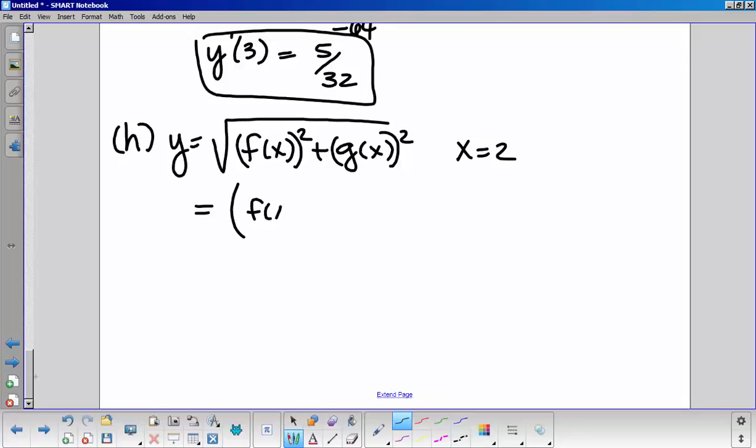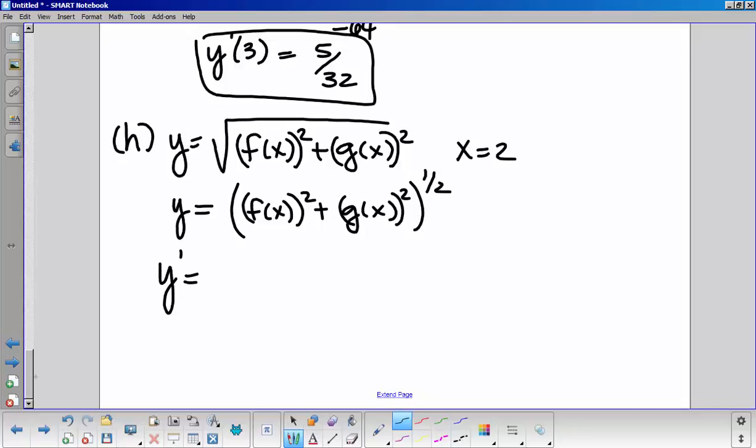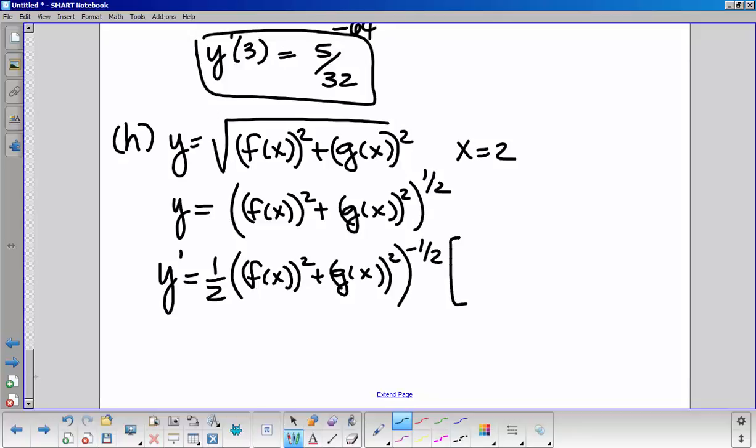So it'll be f of x squared plus g of x squared, to the 1/2. So what are we going to do? Power down. Good. 1/2, f of x squared plus g of x squared to the negative 1/2. Love it. Times f prime of x. Good.